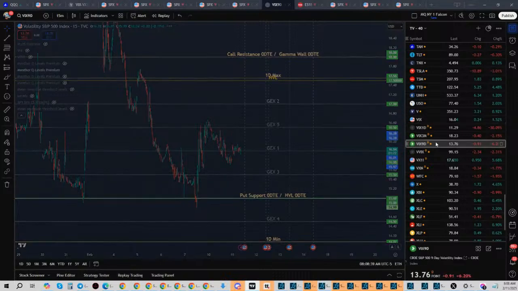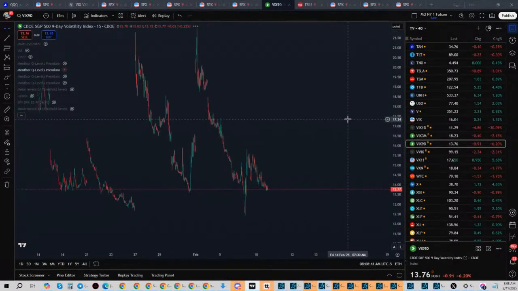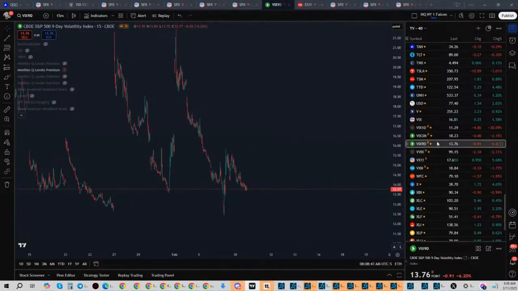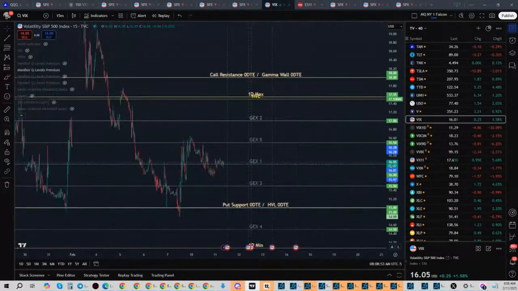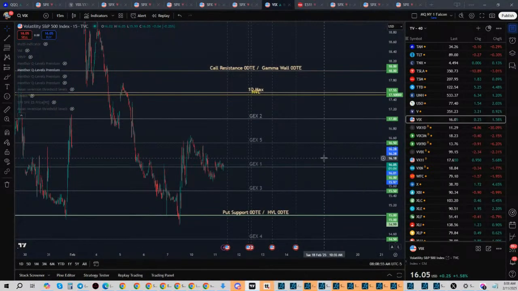If we look at the VIX 9-day, though, it's really low. It's 13.7. We also, let's remember that this VIX is 30 days out, so this roughly corresponds to the March expiration.